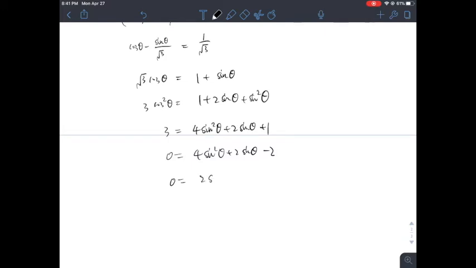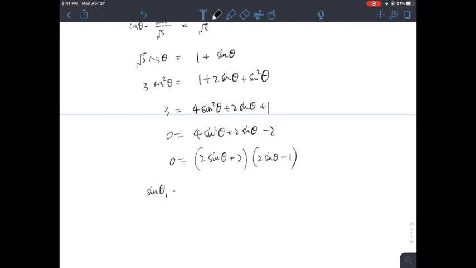Let's first do some factoring. We can see sine theta plus 1 times 2 sine theta minus 1 will be equal to 0. So the first solution, sine of theta 1, equals negative 1. That doesn't make any sense because we can't get the angle that far.